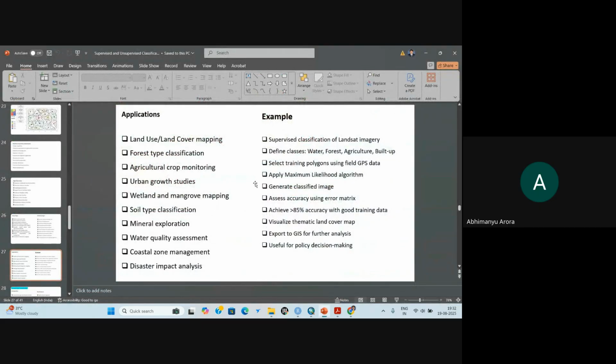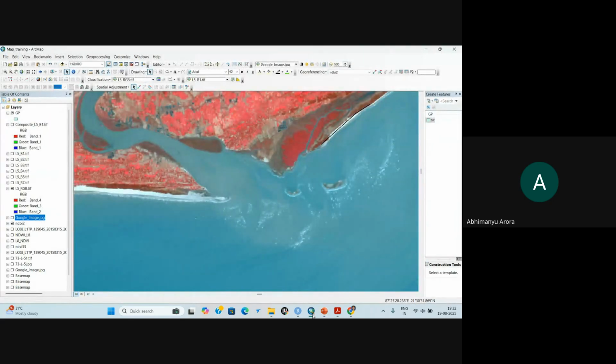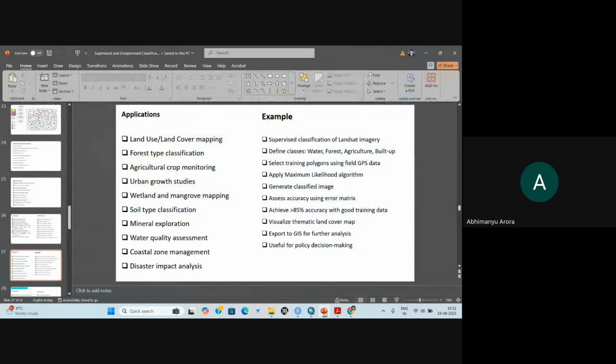Sir, I have one question. Like you mentioned, different features may have similar spectral signatures, so it may confuse the machine and the classification may get mixed up. But on the other hand, can we also utilize association?